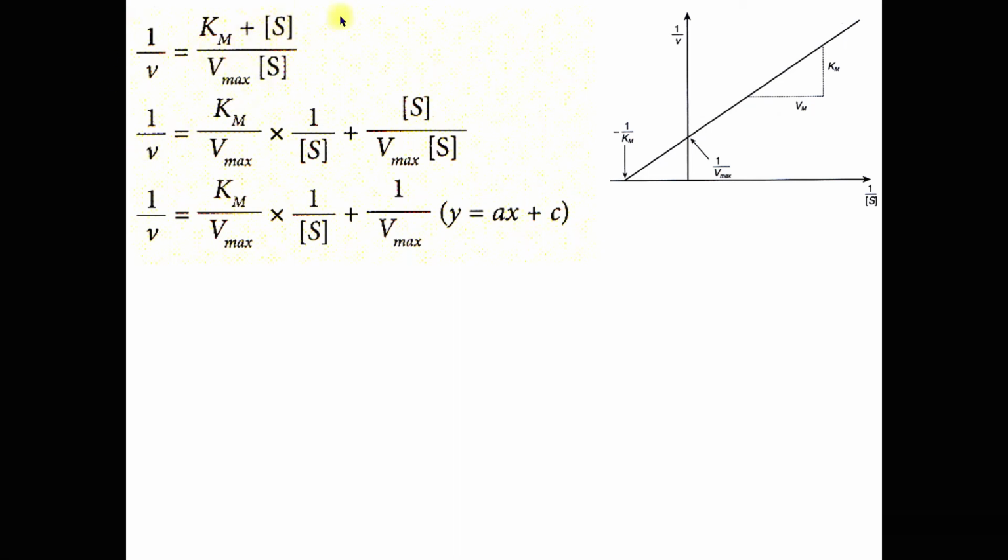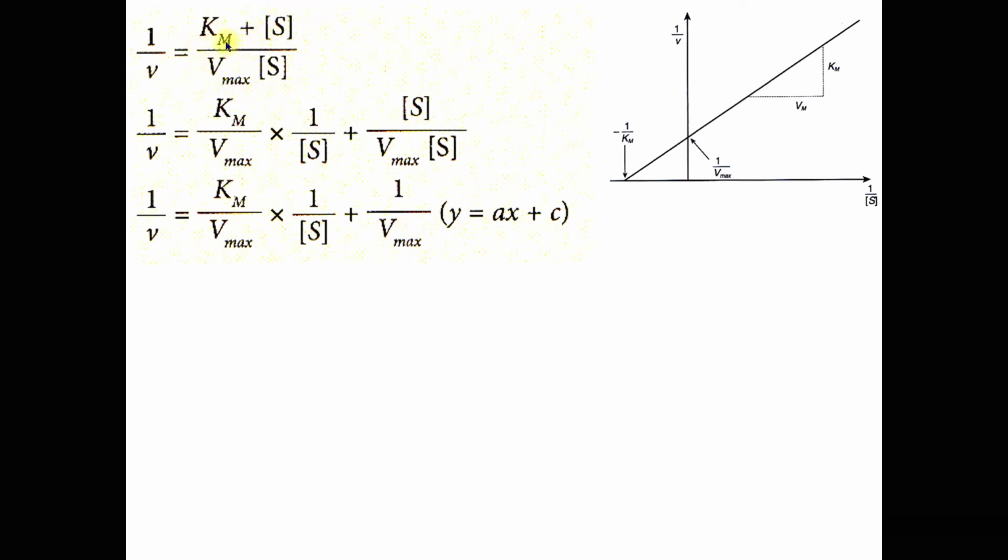So 1 over V, yang ini kita rewrite, Km over Vmax times 1 over substrate concentration, plus substrate concentration divided by Vmax times substrate concentration. Betul kan? Ini kita asingkan sebagai satu.